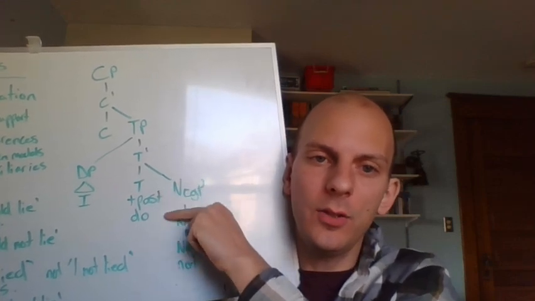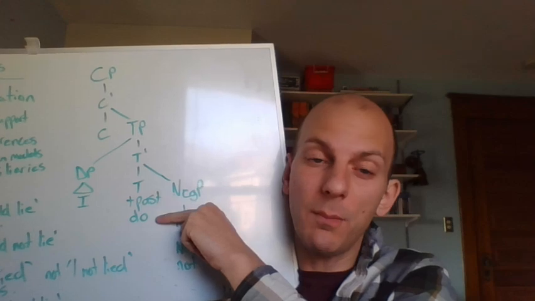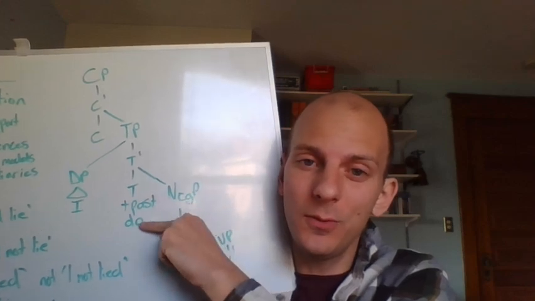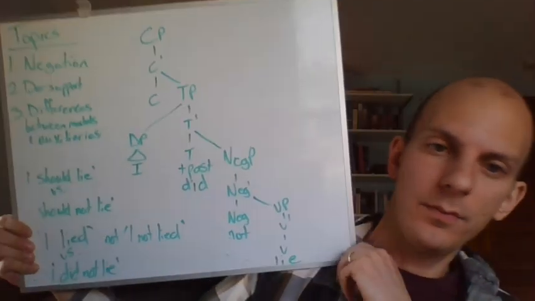And now we do this combination where we know that the past tense form of do is did. That's a morphological operation there, not one we're terribly concerned with. Boom. Did. Wham.